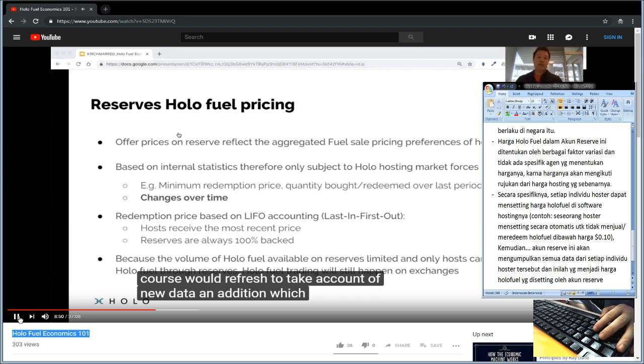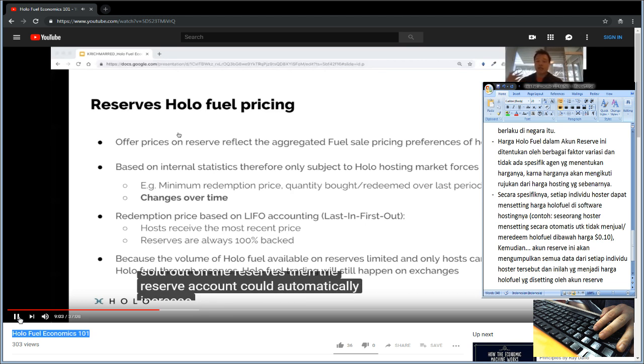And in addition, we may have additional feedback loops. So, for example, if Holo Fuel is consistently being sold out on the reserves, then the reserve account could automatically increase the price.